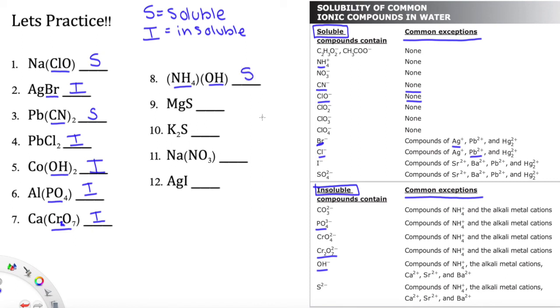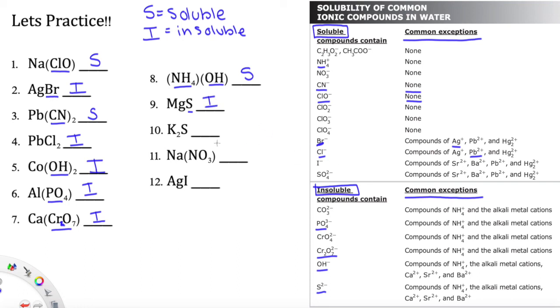Okay. Number 9 is magnesium sulfide. So magnesium is our metal, and the rest of that is our negative charge. And so we're going to start at the top and work our way down to the bottom. And here is our sulfide ion right here. And magnesium is an alkaline earth metal, and it is not an exception to the rule. So this is going to be insoluble.